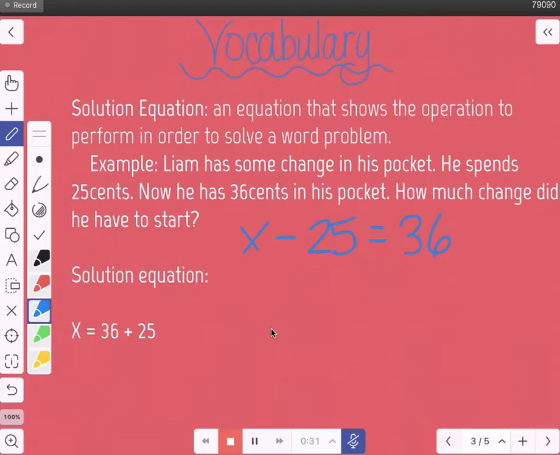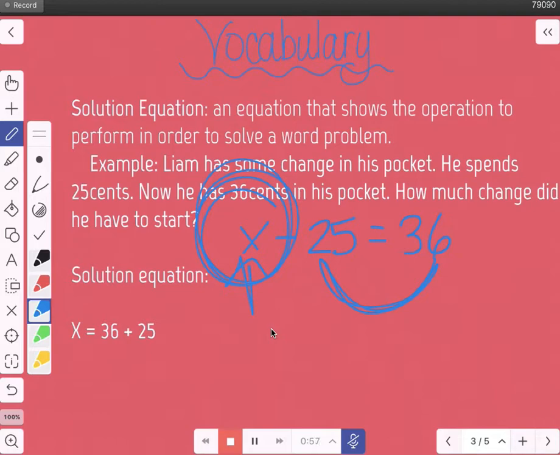To solve that problem, to figure out how much money he started with, I need to rearrange the problem so that x equals that amount. And in order to do that, we know that we would add. So that would be x equals 36 plus 25, because I know that if I put these two parts together, then I will have my total.